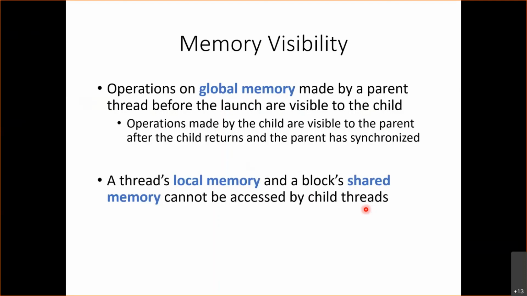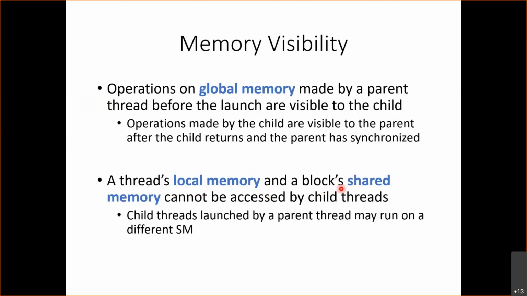When a thread running on some SM launches a grid of thread blocks, these thread blocks may run on a different SM, so they will not be able to access that thread's shared memory, or the shared memory of the block that the thread belongs to. That is why we should not pass pointers to shared memory or local memory via dynamic parallelism. The reason is that child threads launched by a parent may run on a different SM.